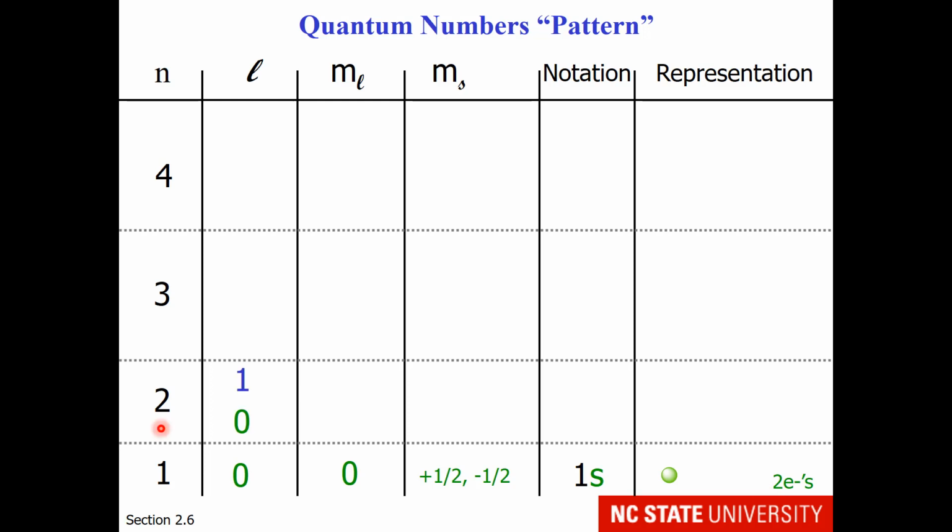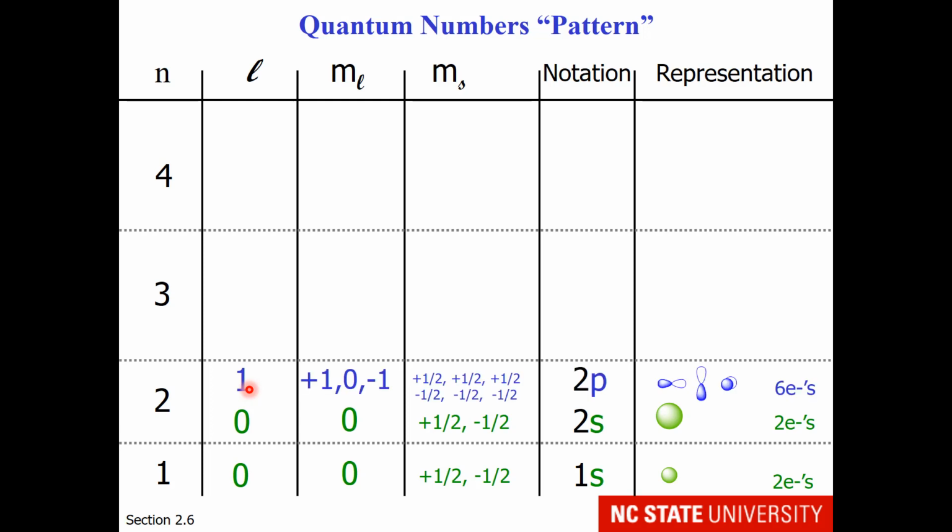For principal quantum number 2, L can be 0 or 1. Remember, the second principal quantum number has 2 sublevels. The first sublevel we call the 2s. It can hold 2 electrons, and it's a slightly bigger sphere. The next higher sublevel in energy, L is equal to 1, which means they come in a group of 3 for this sublevel.